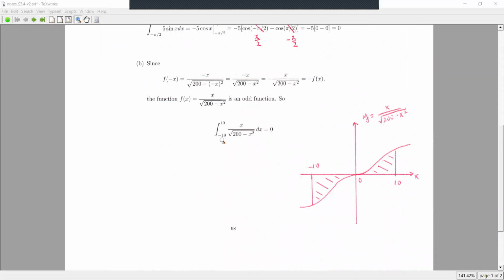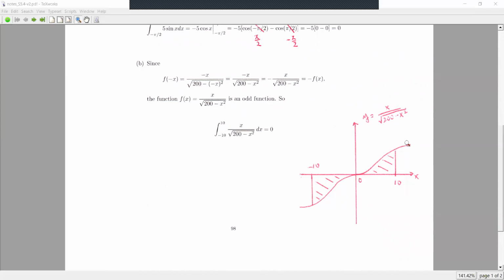The integral from -10 to +10 of this function is the net area of the shaded region here, because the graph is symmetric about the origin.